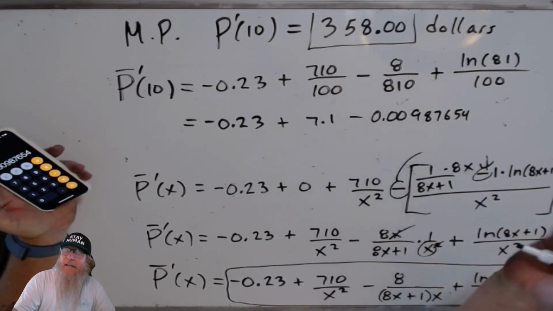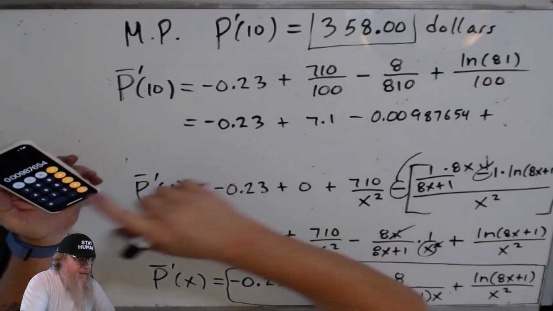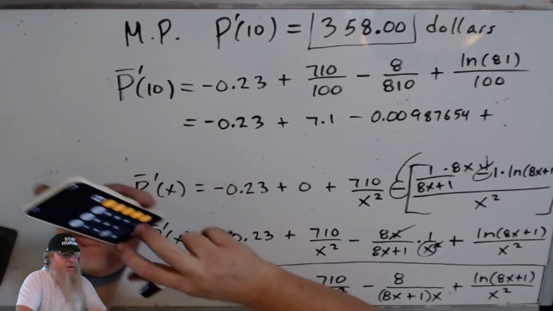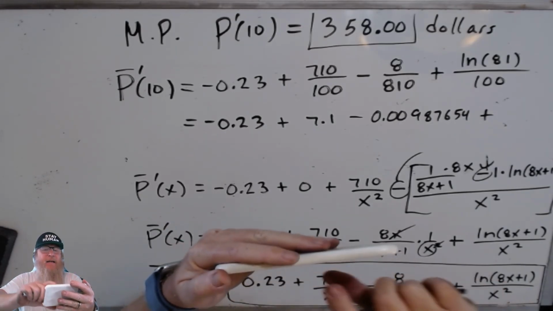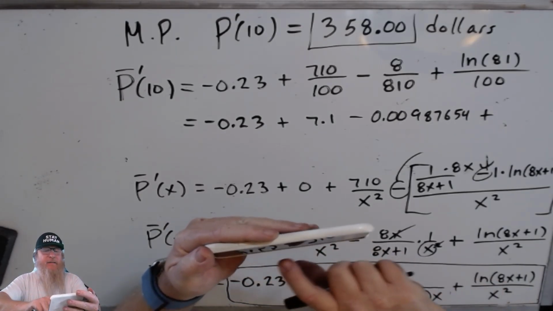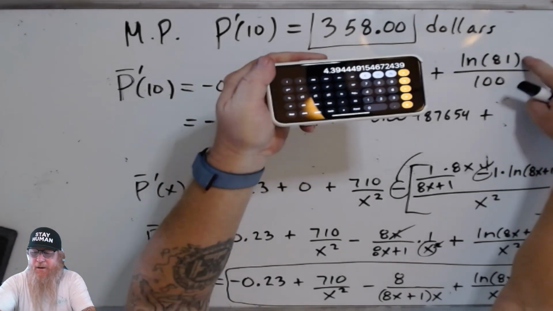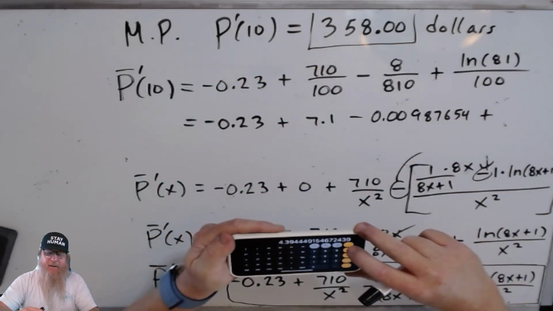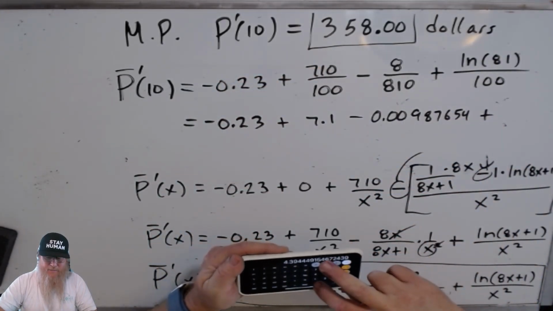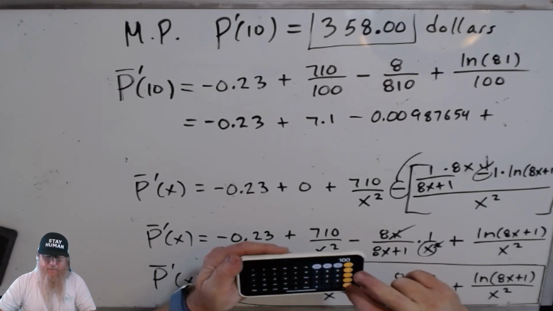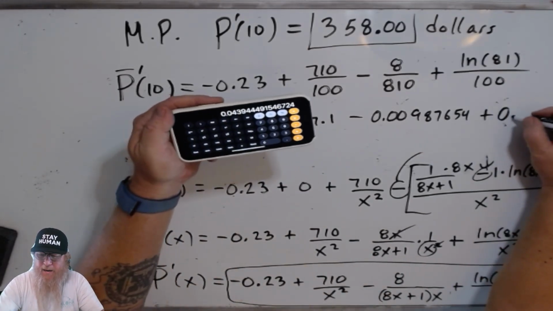Close enough to 1 cent that I should probably keep it. How about this one? Natural log of 81 and then divided by 100. That's 4 pennies.